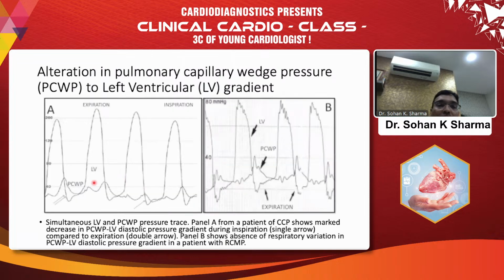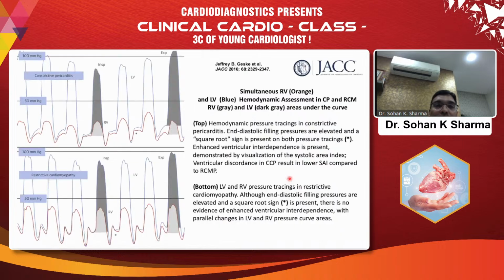This is the difference between the pulmonary capillary wedge pressure and LV diastolic pressure. With the expiration the difference is there, but with the inspiration that gradient is lost. If it is there, then it is suggestive of CCP. But if it is maintained in both phases of the respiration, then it is restrictive cardiomyopathy.